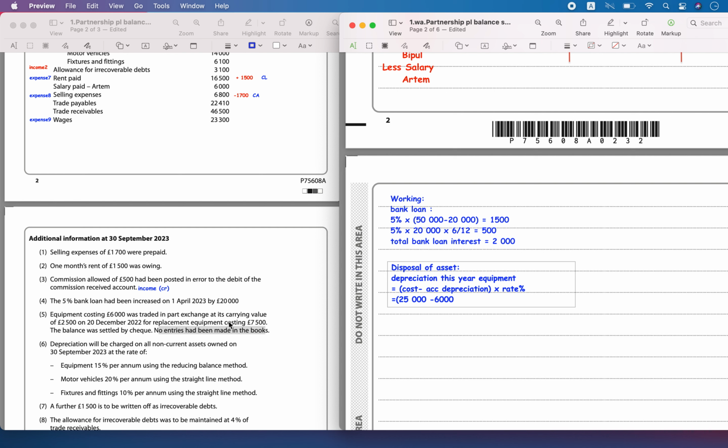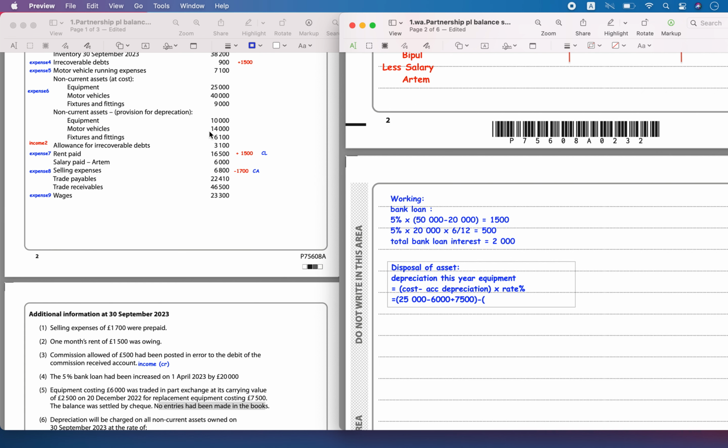So adjust for that. And then there was a replacement of equipment costing 7,500 which came into the business. Okay, and then the accumulated depreciation adjustment.